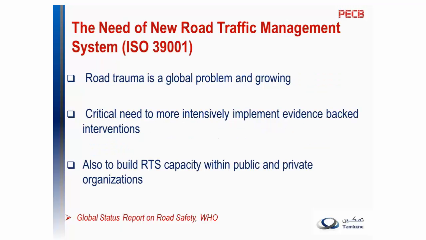The need for a new road traffic management system, such as 39001, has something to do with the road trauma that is happening globally and is increasingly growing. There's a critical need for more intensive implementation of such a system and to build this road traffic safety culture within the public and organizations.